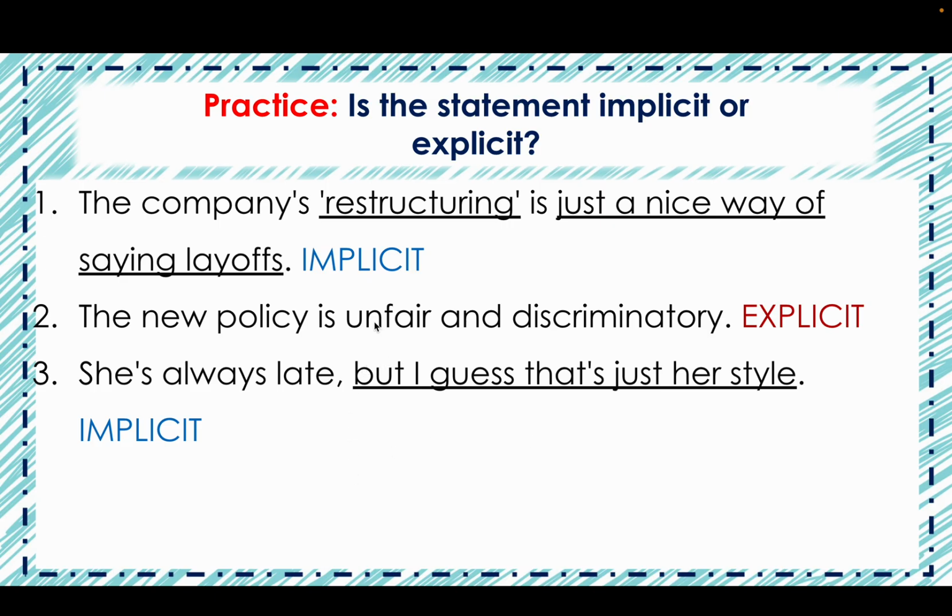The new policy is unfair and discriminatory. Explicit. And then number three, she's always late, but I guess that's just her style. So this is an implicit statement. The writer is not going straight to the point, still giving some opinions. But if the author said that she's always late, then this statement will be explicit. All right?